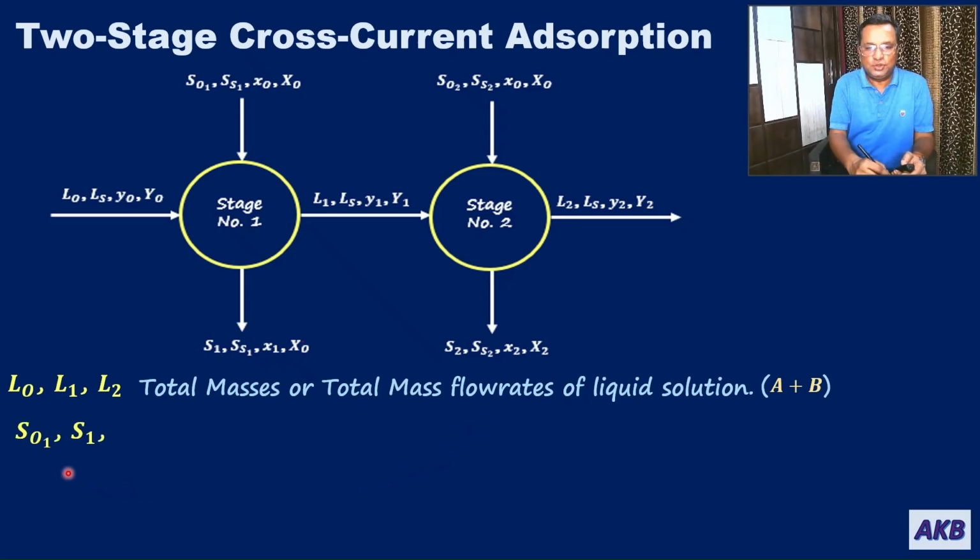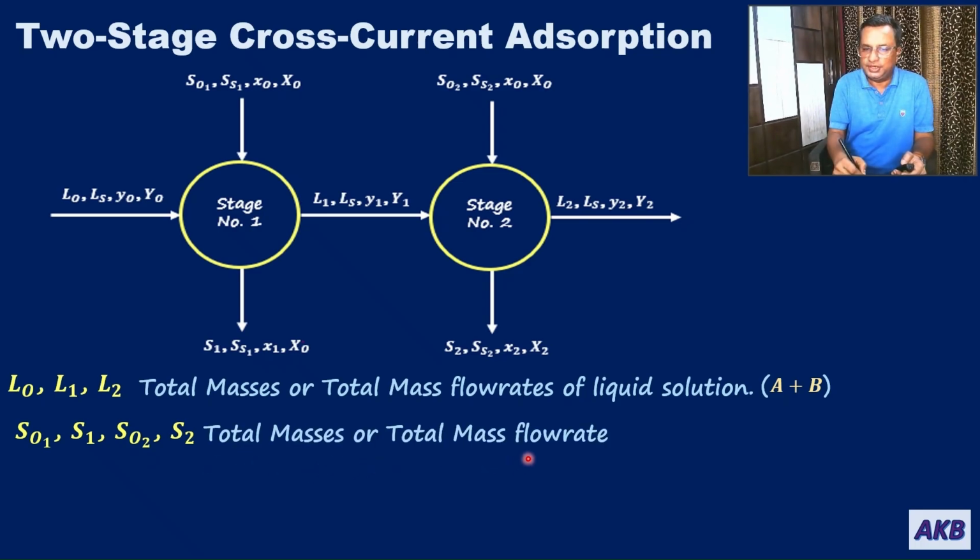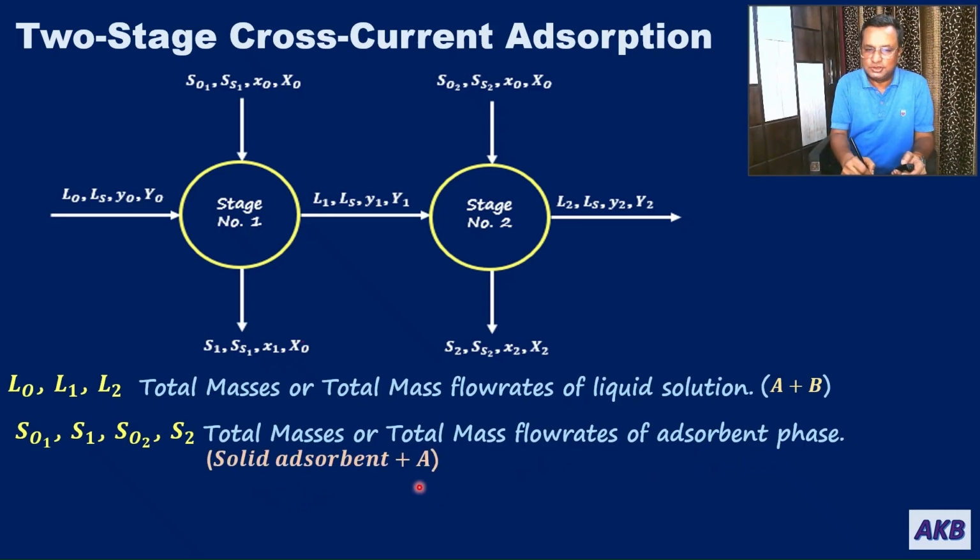Then you have S01, S1, S02, S2. These are total masses or total mass flow rates of the adsorbent phase, that is masses of solid adsorbent plus solute, or mass flow rates of solid adsorbent plus the solute E.